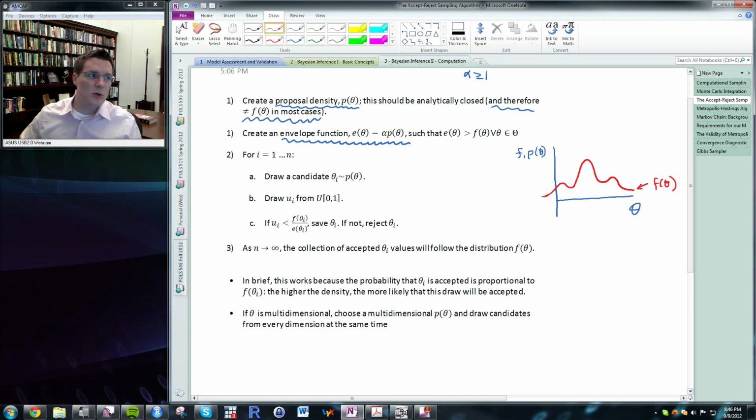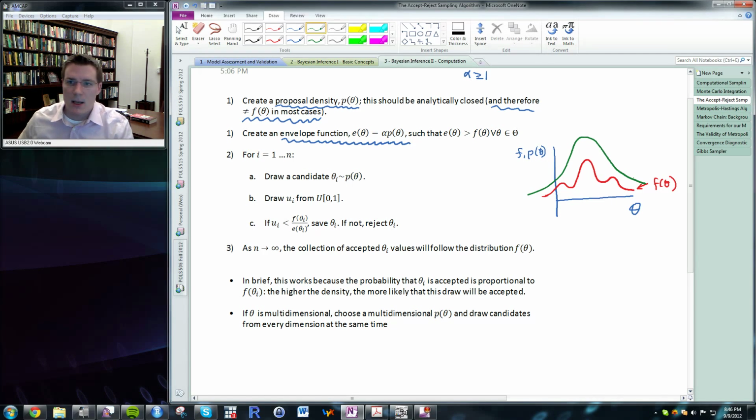The way accept-reject sampling works is we're going to start by proposing theta values. And what we need in order to do this is a so-called proposal density. So for example, I might propose values of theta out of the normal, like that.